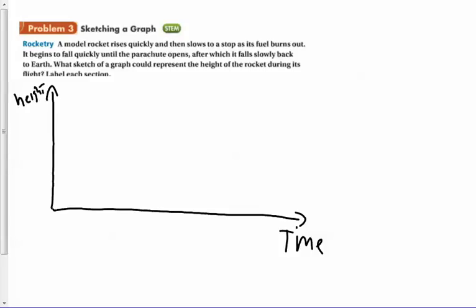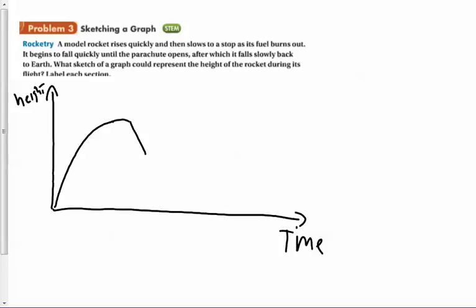Okay? Now, if I think about it, if I launch the rocket, it rises really quickly, so it's going to be like that. Then what's going to happen is it reaches a certain point and it's going to start to come down. But when it comes down, it's going to come down pretty quickly like that because it's like a free fall.